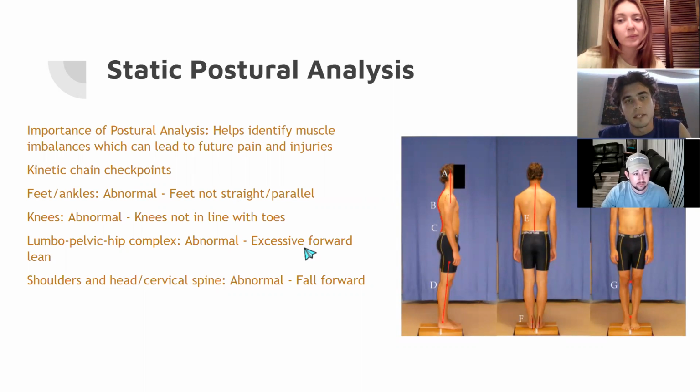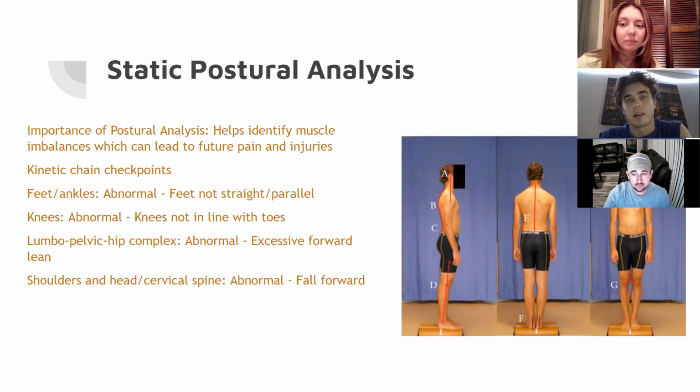So the beginning stage when going through this corrective exercise continuum is the static postural analysis. The importance of this analysis is that it gives the exercise prescriber the idea of what the client's overall body looks like and where the muscle weaknesses and imbalances are.